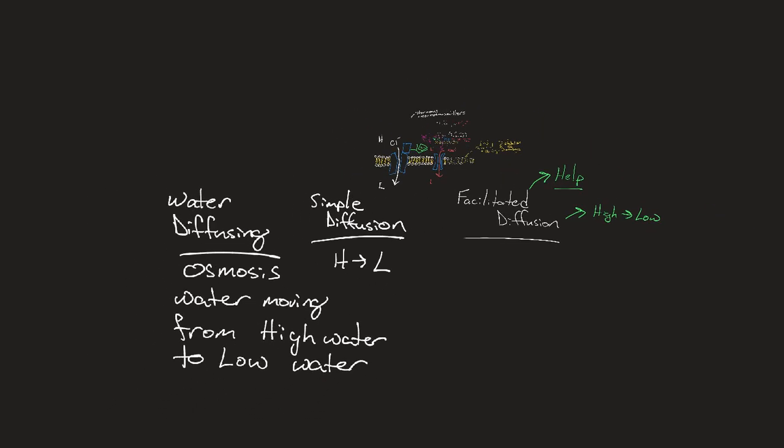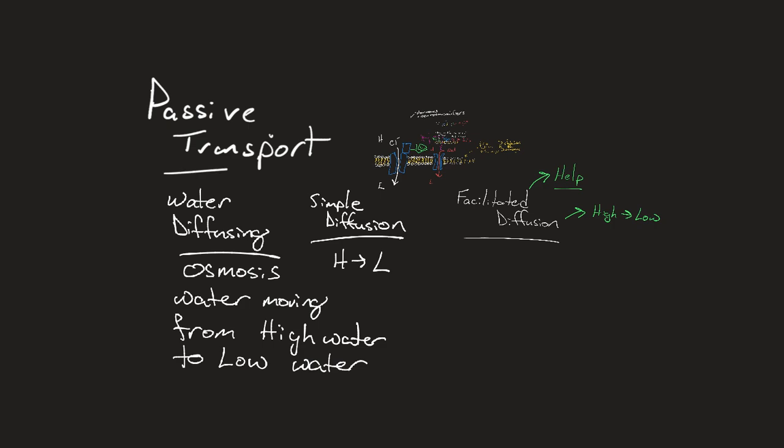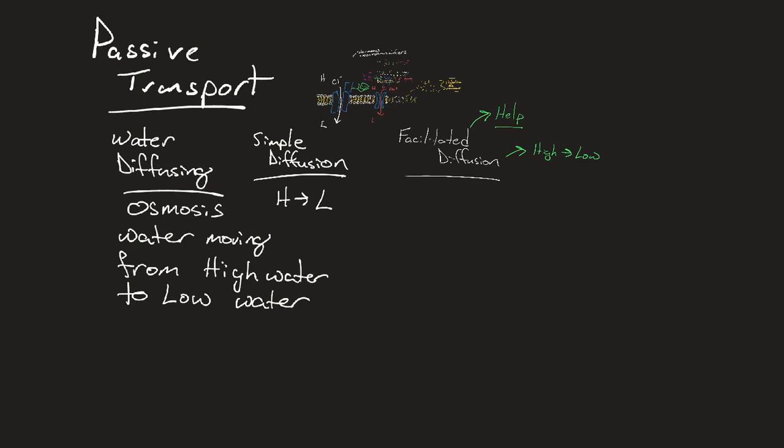So all of these are examples of what we call passive transport. Meaning no extra effort necessary, no extra energy required. This just happens, goes from high to low.